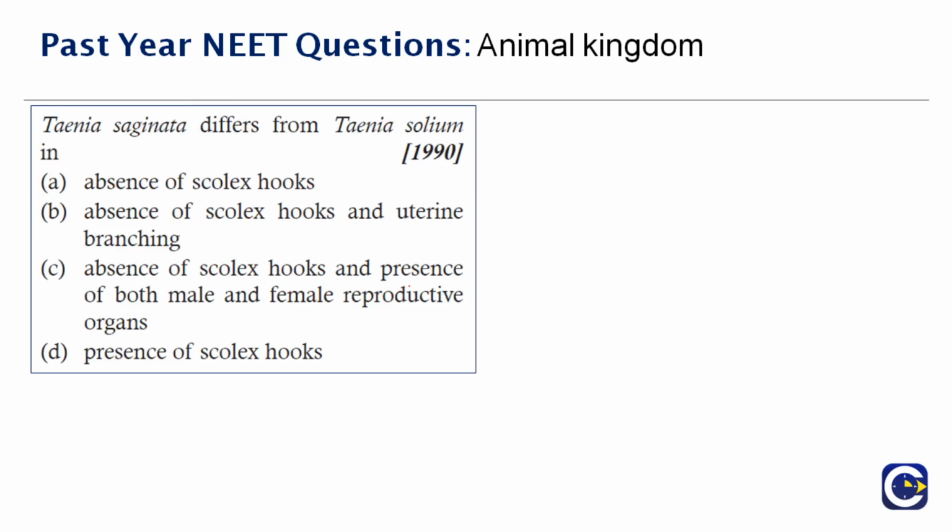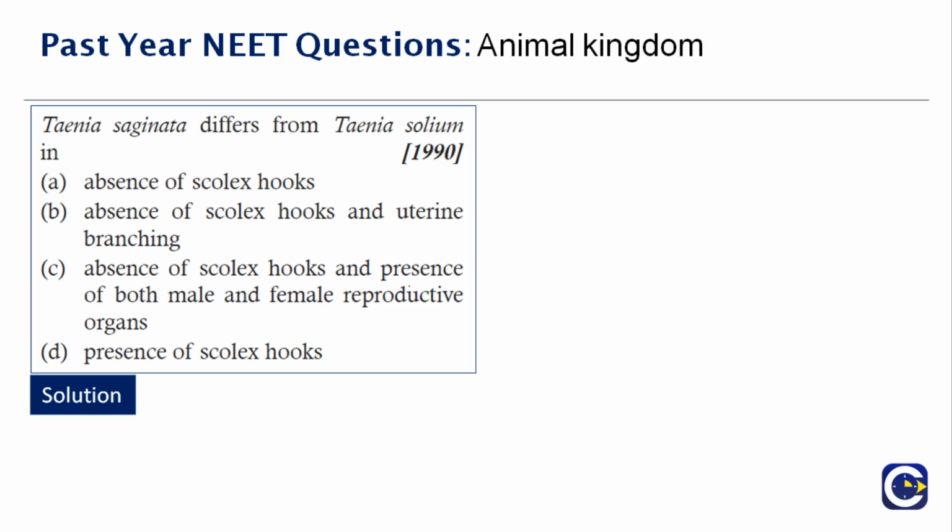Next question here. It's once again about Taenia saginata. It differs from Taenia solium in which category? Okay, the answer is very easy. Both belong to the same genus, Taenia, but the species alone differs. So how can you differentiate among the species? It is because of the absence of scolex hooks and uterine branching.